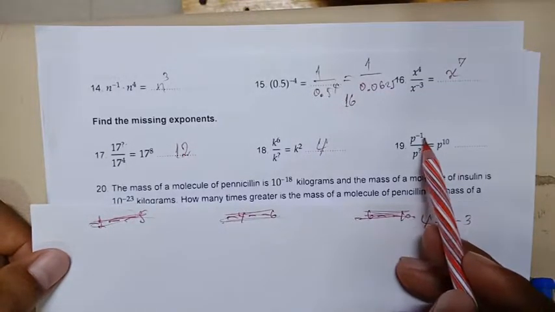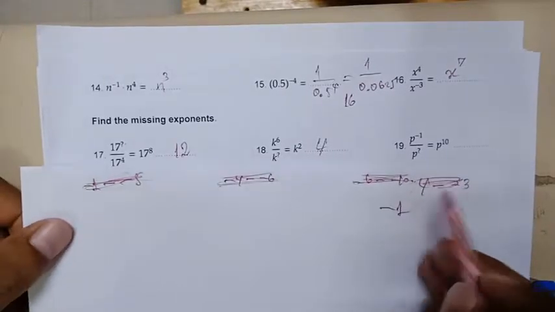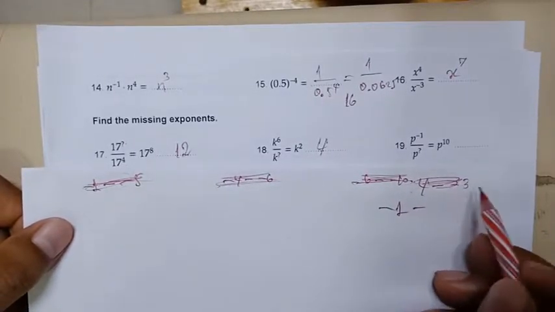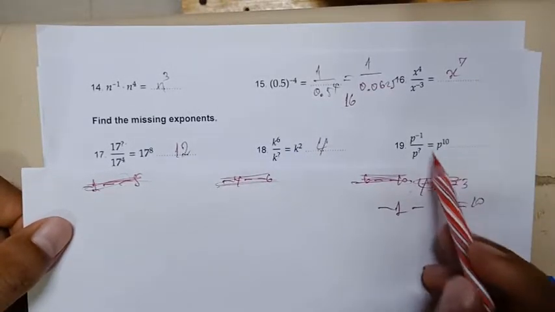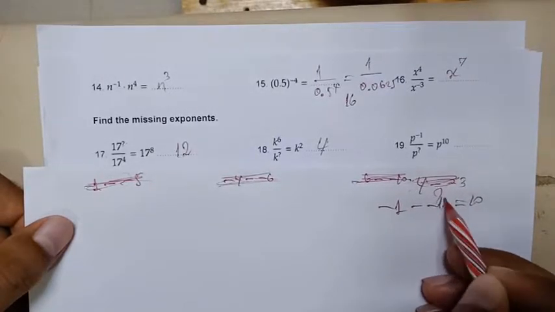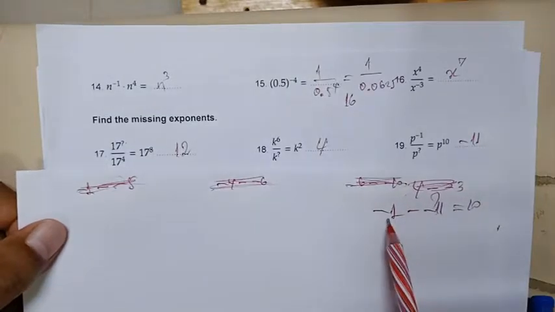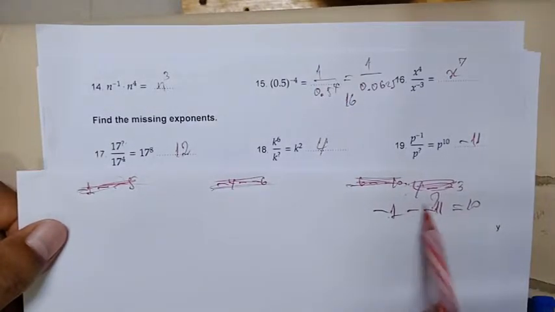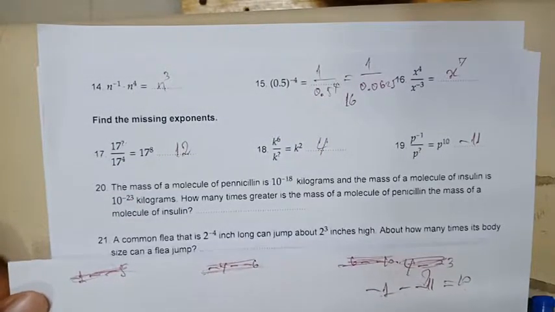Negative, so you have a negative 1 minus what number equal to 10? So of course minus 11. So negative 1 minus 11, plus, becomes 10. Let's go down further.